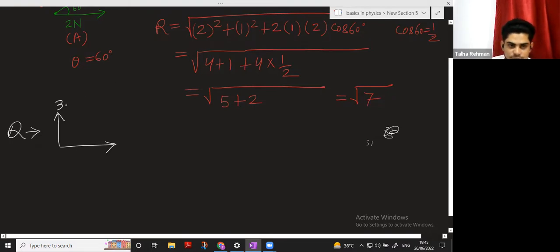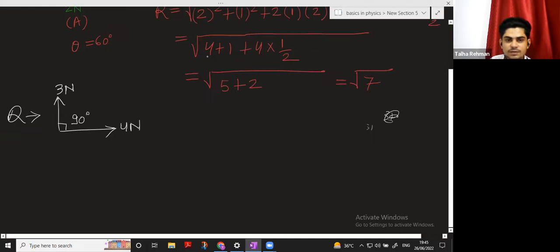This is a vector of 3 Newton and this is a vector of 4 Newton, and the angle between them is 90 degree, and we have to find the resultant R.